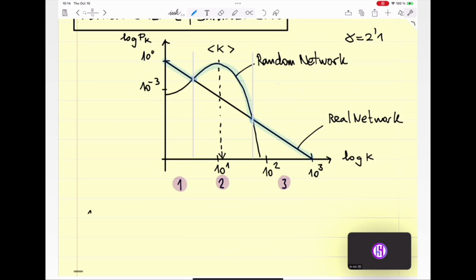In area number 1, what do we have? Random is way smaller than real.